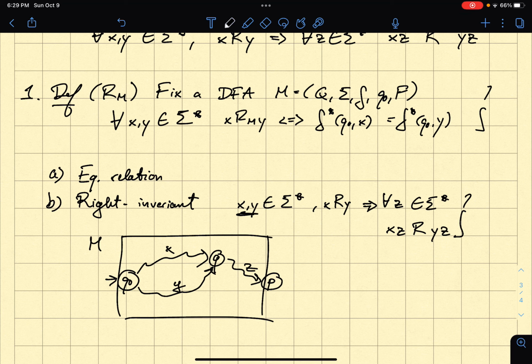In other words, delta star of q0, xz is the same as delta star of q0, yz. Because this argument was over an arbitrary pair of strings, this shows that any pair of strings that are related, if you stick whatever string z to them, they'll still be related. And so that shows that this relation is right invariant.